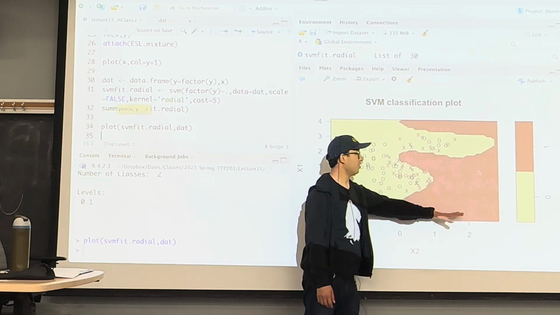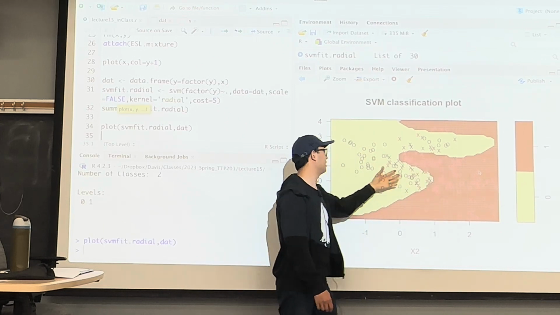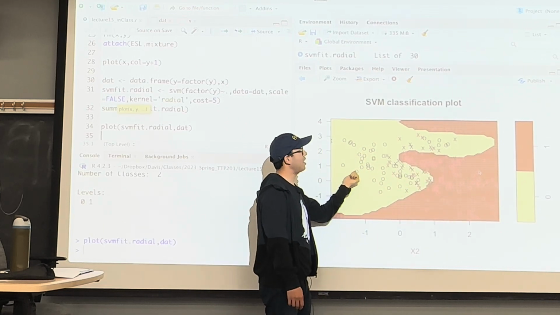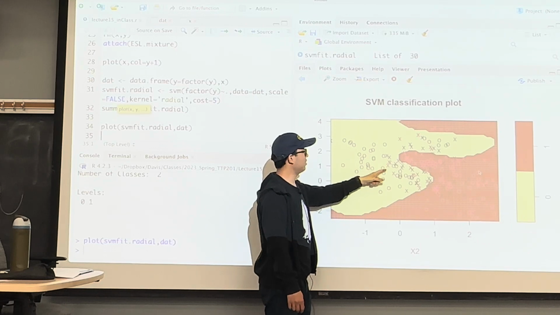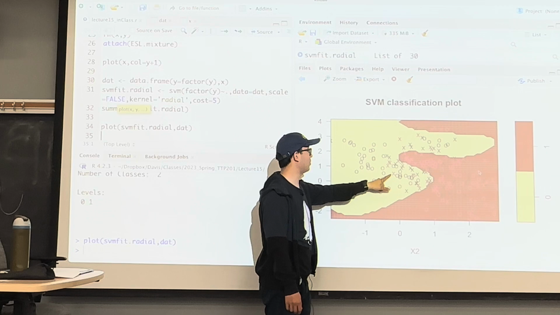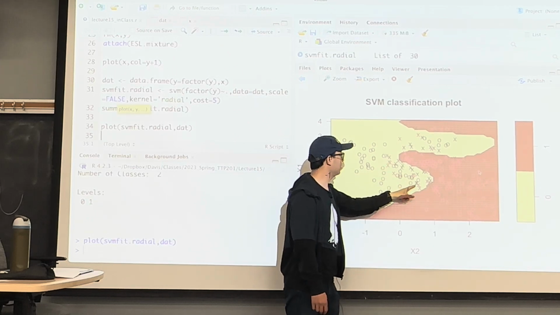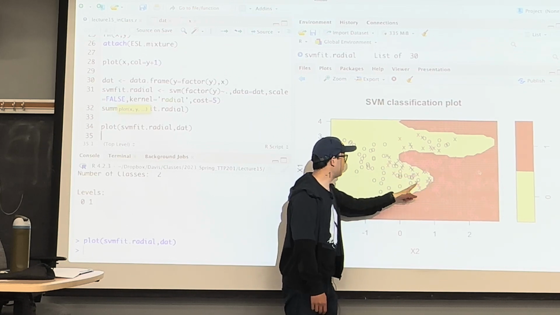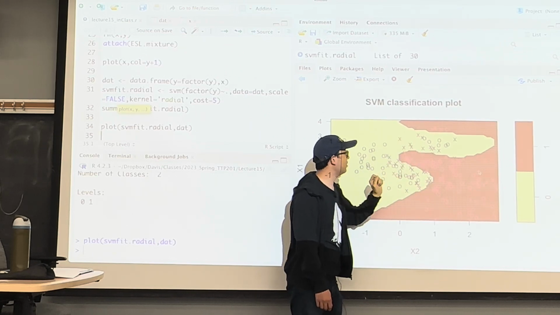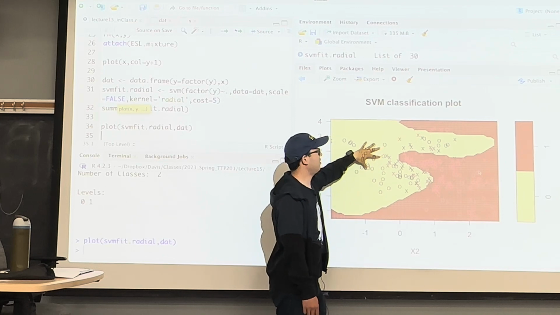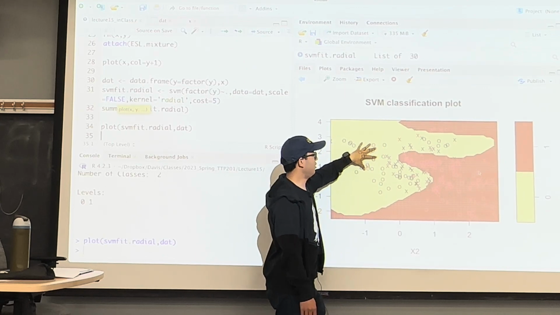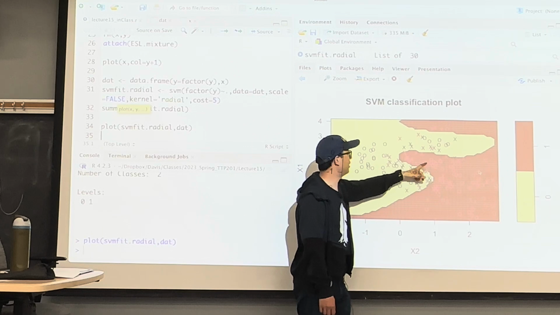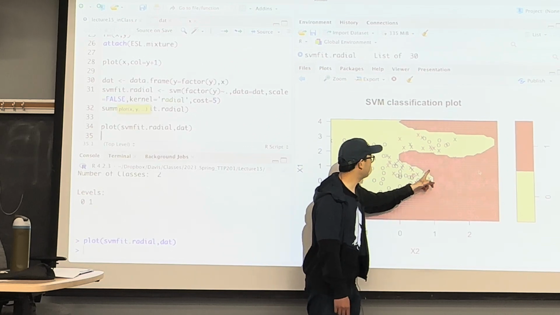In the red area, we have points that are red. In the yellow area, you have points that are black. And we can see that there are some violations, right? So anything that's red here, how many are there? 4, 5, 6, 7, 8, 9, 10. 10 that are violated on one side, and then 1, 2, 3, 4, 5.